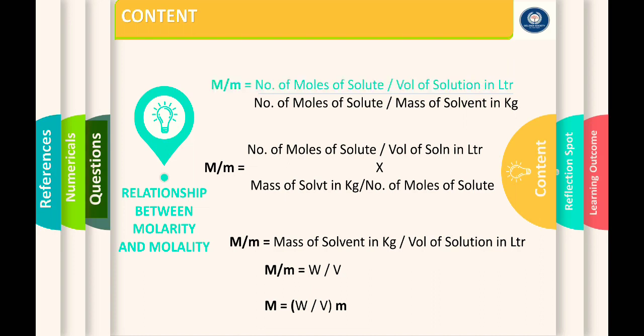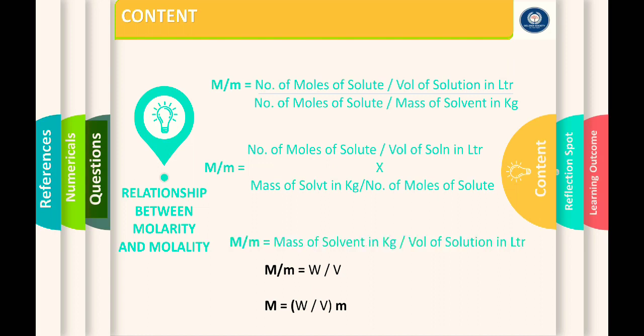When we divide molarity by molality, we see the equation as the number of moles of solute divided by the volume of solution in liter, divided by the number of moles of solute divided by the mass of solvent in kilogram. After rearranging the above equation, we get the number of moles of solute divided by the volume of solution in liter, multiplied by the mass of solvent in kilogram divided by the number of moles of solute.